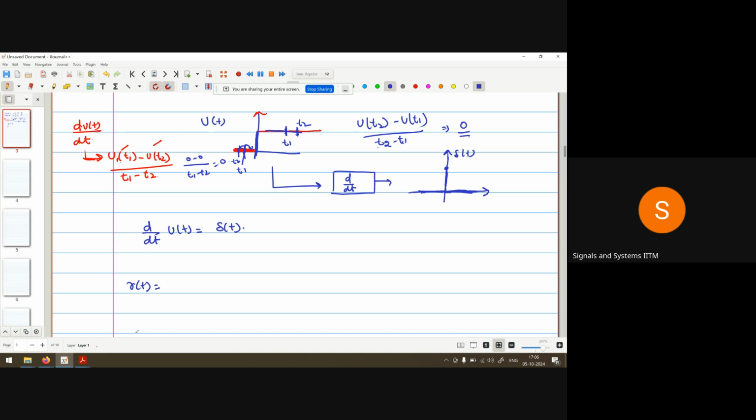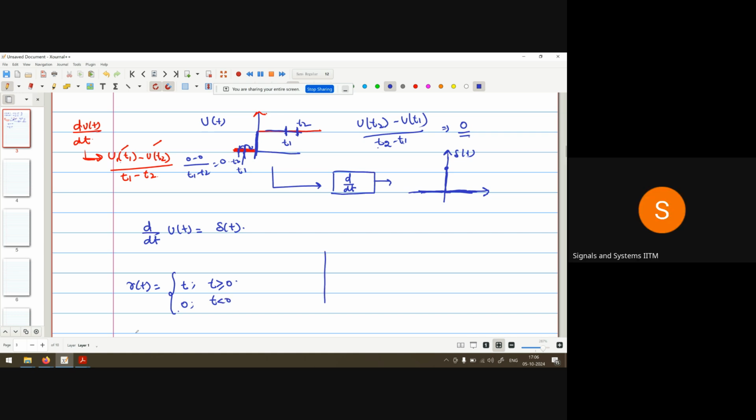So what is the mathematical expression of the r of t signal? r of t equals t for t greater than or equal to 0, 0 otherwise.